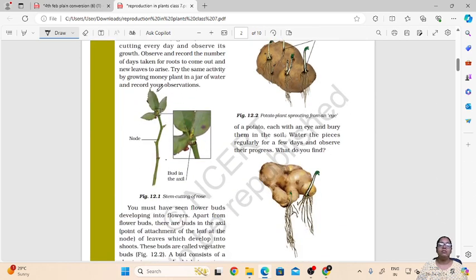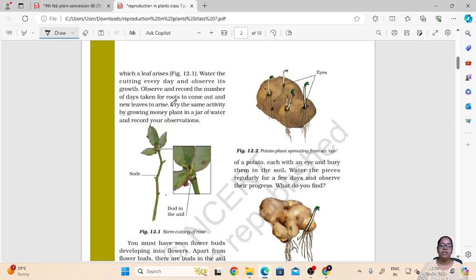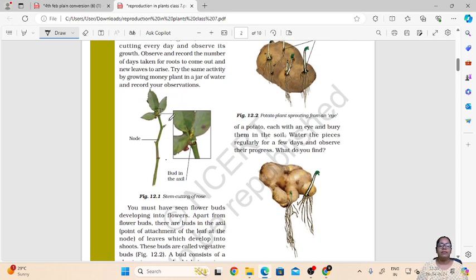So first let us look at the example of how cutting is done for vegetative reproduction. So the example over here is a rose plant. The plant has to be cut at the node region.